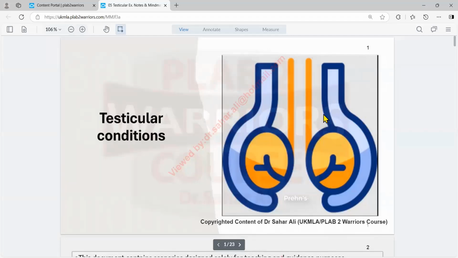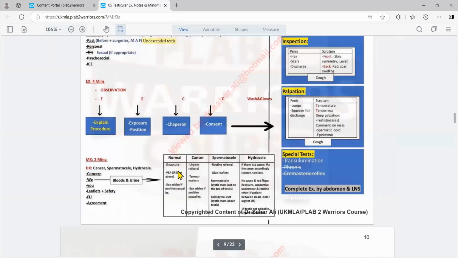Okay, so let's start with mass. In mass, you can find four main possibilities. What are they? Either normal examination, okay, the patient presents with a mass, but when you examine, you find nothing. Examination is normal, all right?